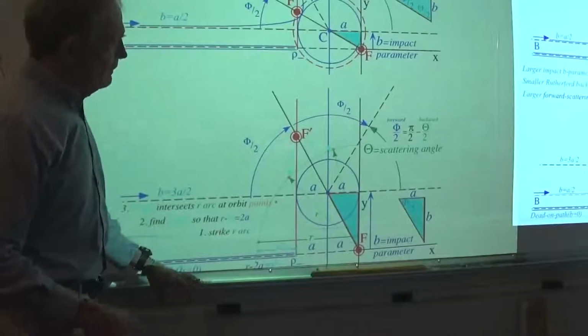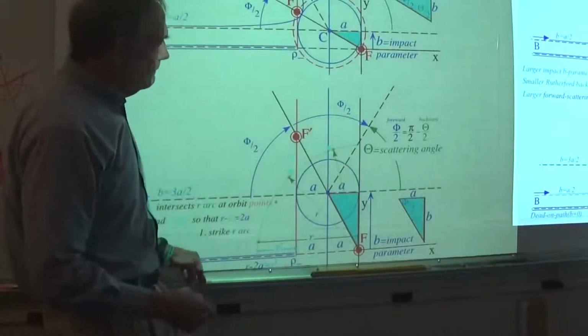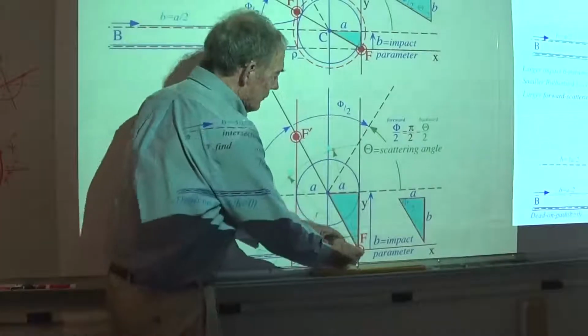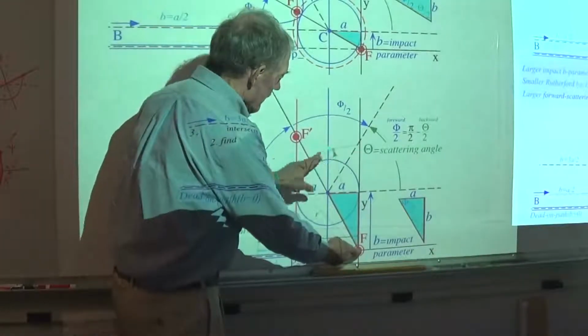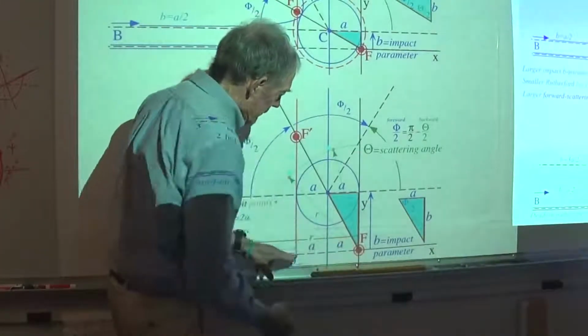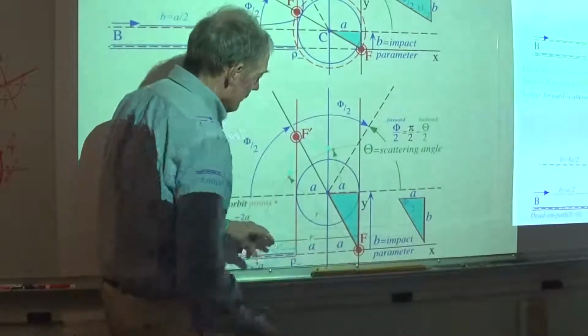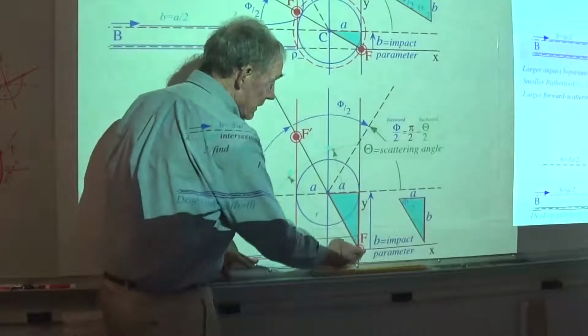So the actual procedure for calculating the orbit is just take the compass and strike an arc. Anything bigger than 2A is fair game, and I just happened to pick that one right there.